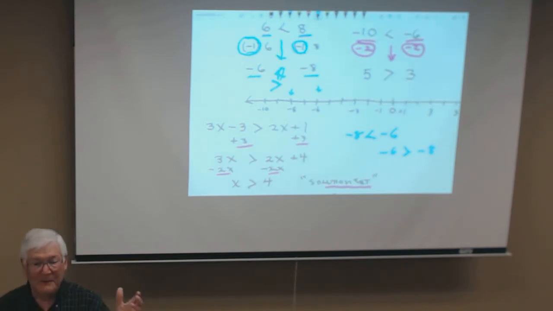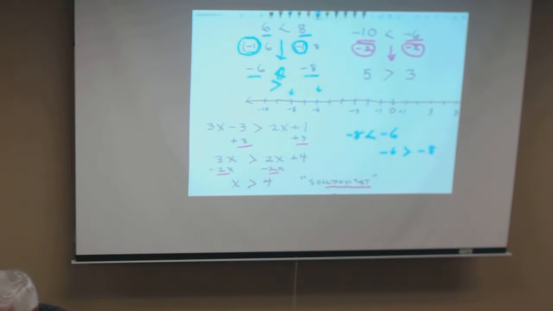So all the rules for simplifying equations apply to inequalities, except when you're multiplying or dividing by a negative number. A positive number doesn't mess anything up. But if you're multiplying or dividing by a negative number, as soon as you do that, you have to switch the inequality sign. So watch what that means.